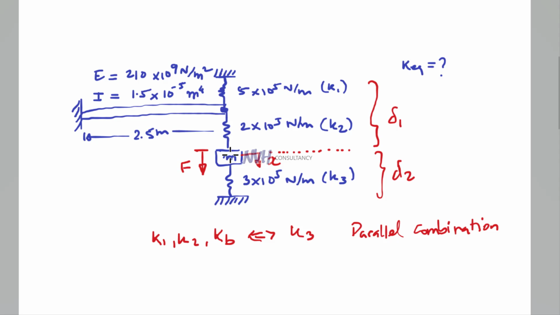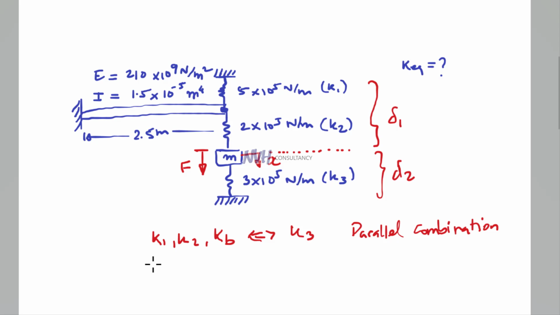Okay, after that it will bend the beam. So what that means is that K2 is in series with KB and K1. KB and K1 are in parallel, and K2 is in series with KB and K1.